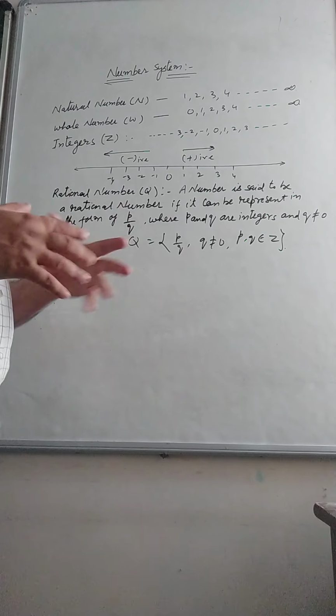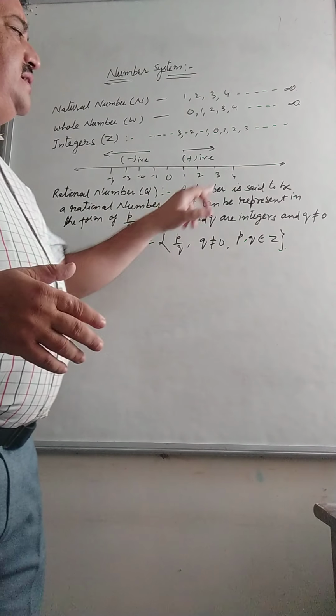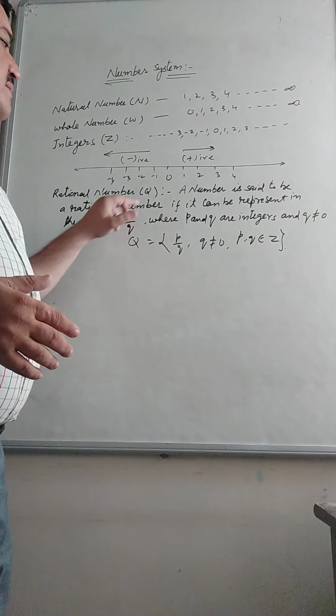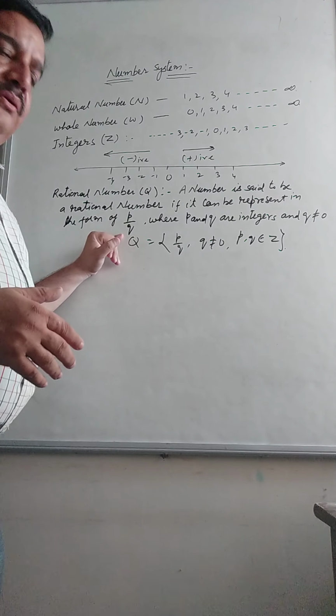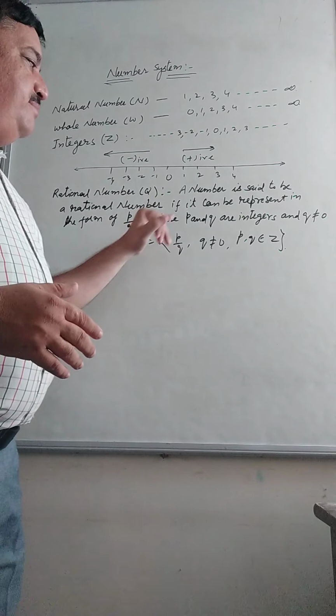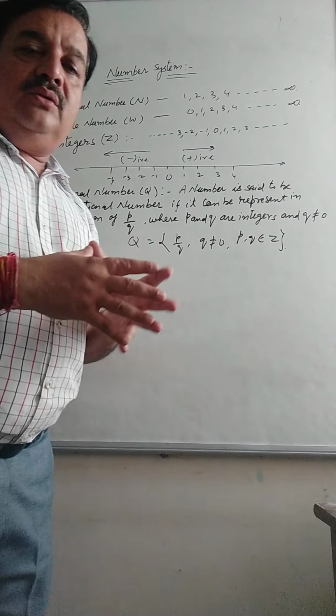Then come rational numbers. A number is said to be a rational number if it can be represented in the form of p upon q, where p and q are integers and q is not equal to 0.